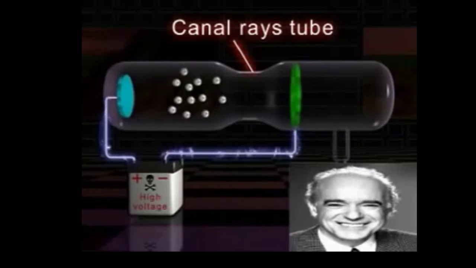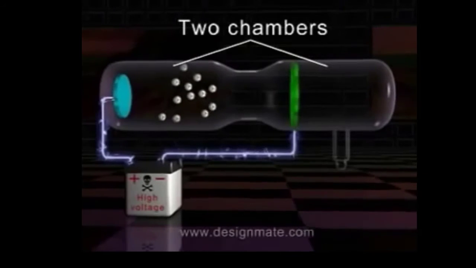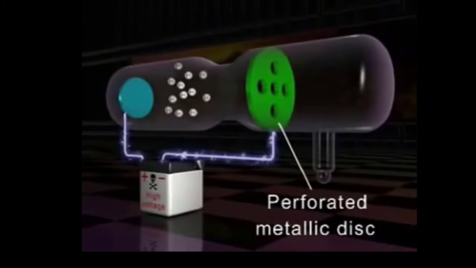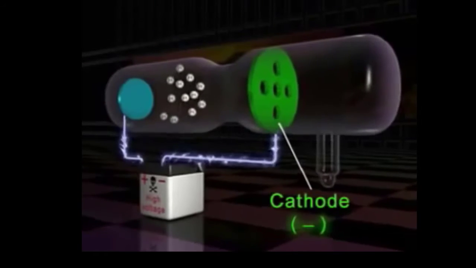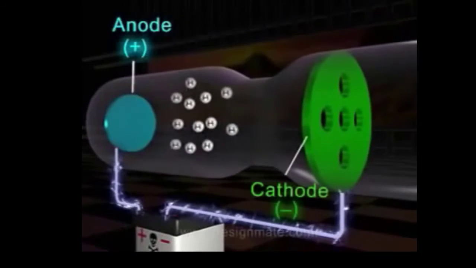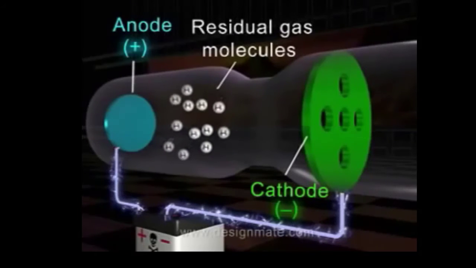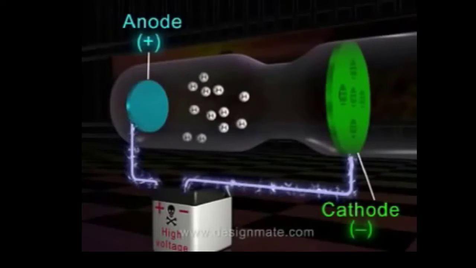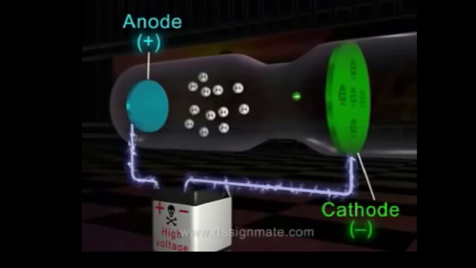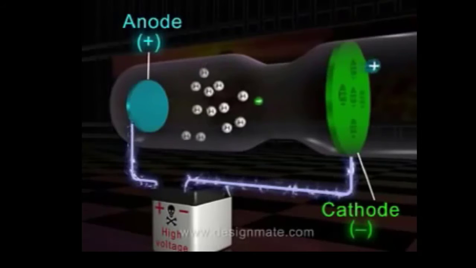E. Goldstein constructed a special tube known as a canal ray tube. These tubes usually have two chambers, which are separated by a perforated metallic disc that serves as the cathode of the discharge tube. The space between anode and cathode of the discharge tube contains a small number of residual gas molecules. The anode and cathode are supplied with high voltage. The electrons emitted from the cathode collide with the residual gas molecules.